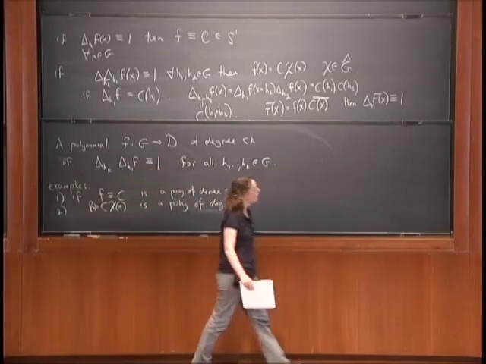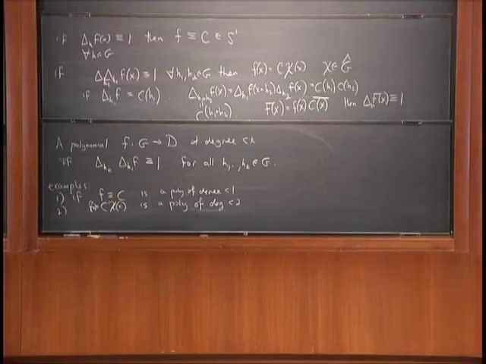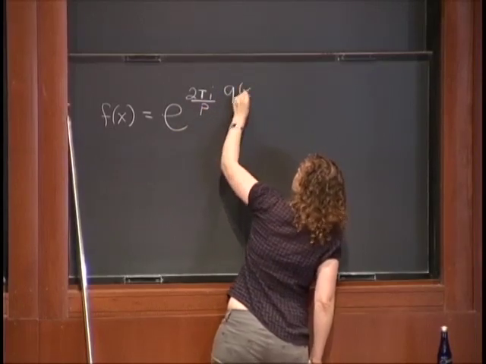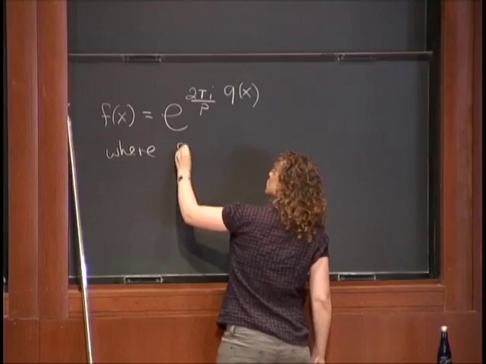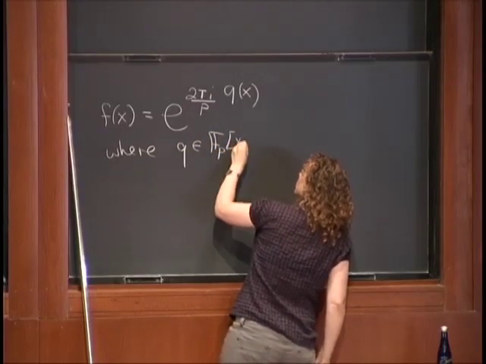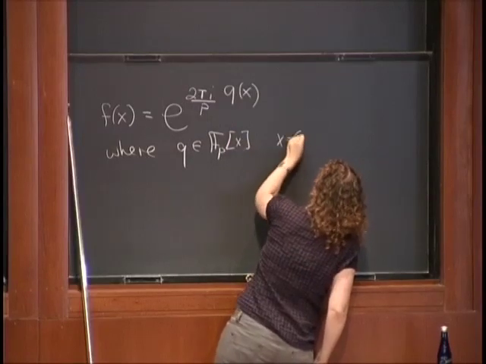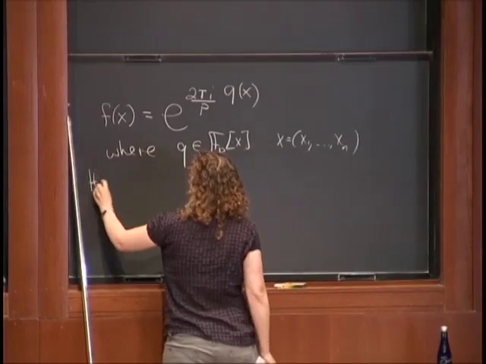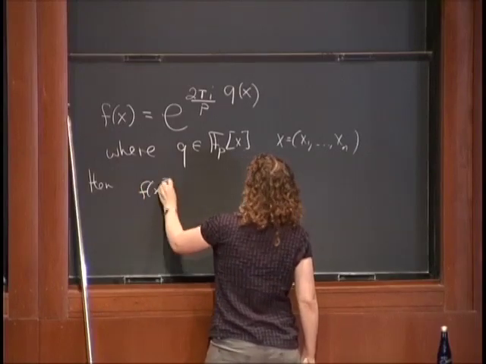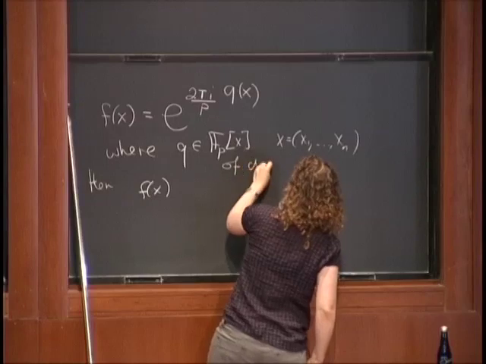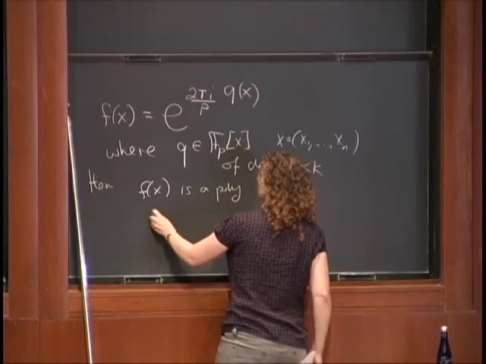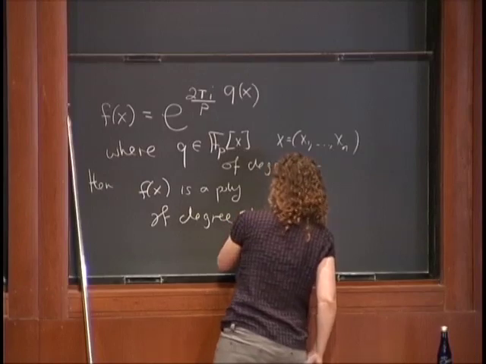And if we take the function f of x to be e to the power of 2 pi i over p times q of x, where x is x1 through xn, and q is a polynomial of degree smaller than k, then clearly f of x is a polynomial. Okay, so far so good.